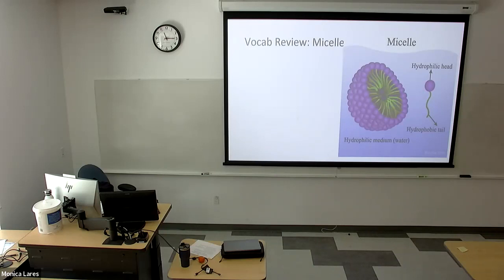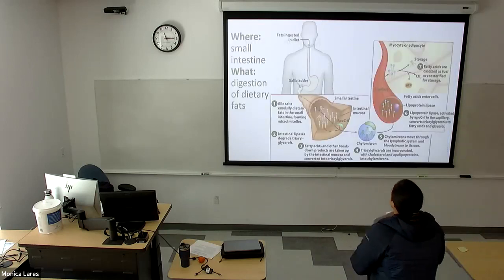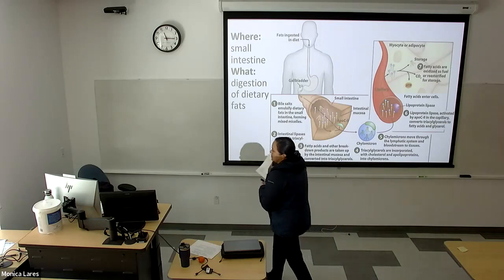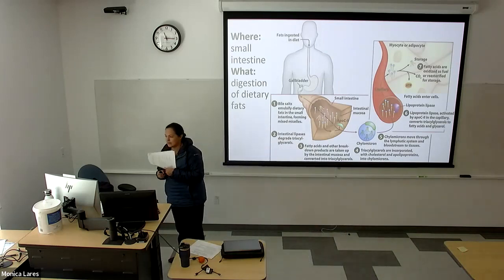Because the head is hydrophilic and the tails are hydrophobic, they want to hide away from the water, and so they hide in the core of a micelle. That's just a cutaway, if you were to cut one in half, of what it would look like. So that was vocab review.